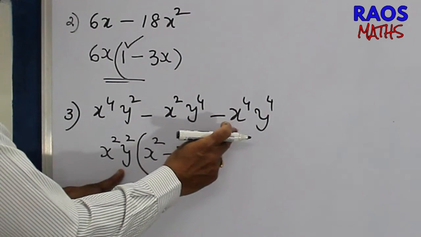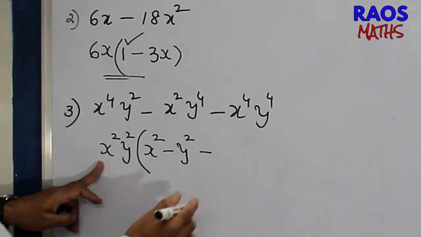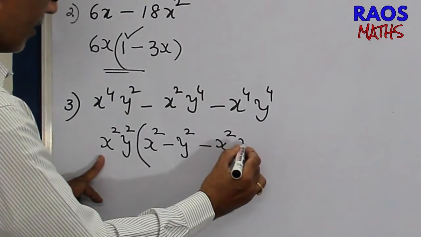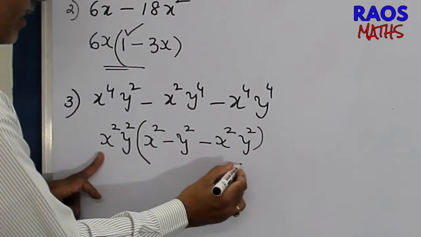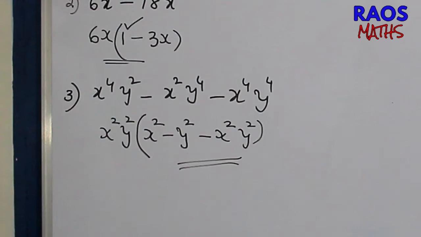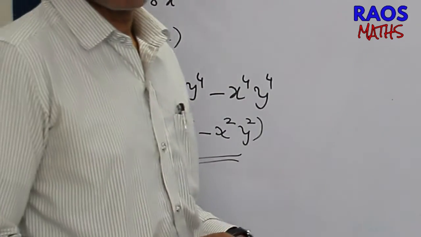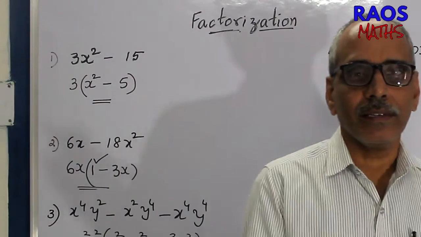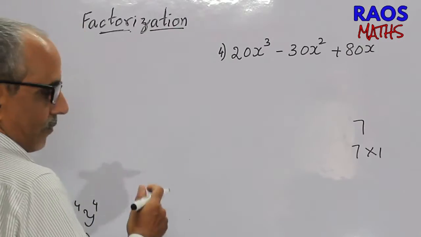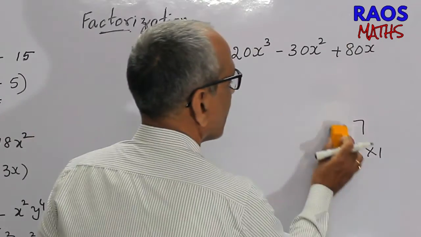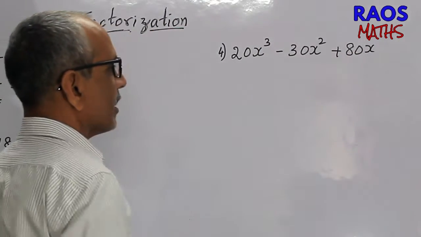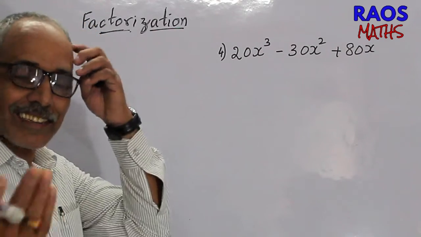Minus x power 4, x square. So the rest of the x square and the rest of the y square are the other factors of the last term of this trinomial. Very simple. If you are strong at the basics, it is very easy to factorize. Let's see the last example. For 20, 30, 80, 10 is the common factor.